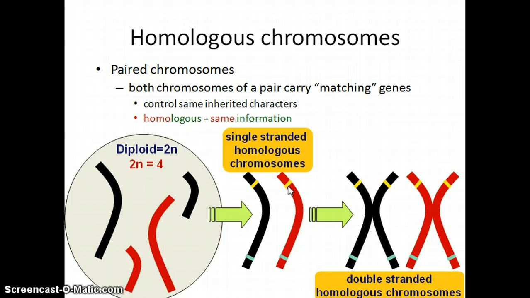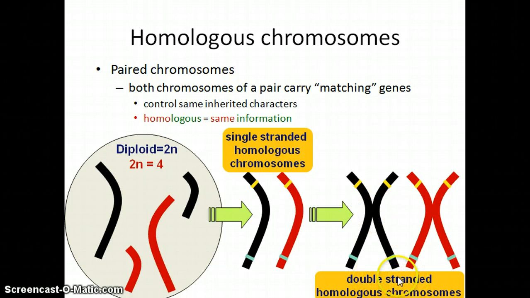And then, not to confuse you, but when we go through replication of DNA, before we start the process of meiosis or even the process of mitosis, what we have is a replication of each of these strands of DNA. So we end up with two strands of the father's and two strands of the mother's DNA. And this is still a set of homologous chromosomes, but now they're double-stranded.